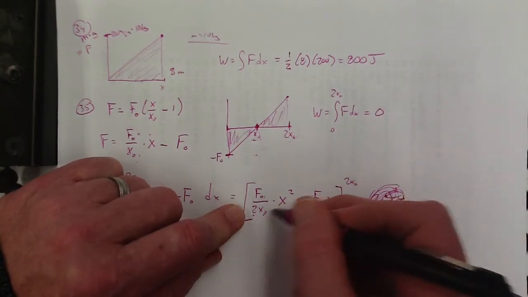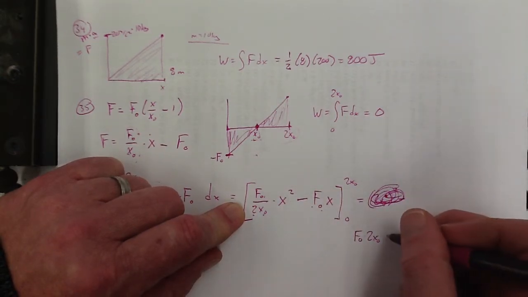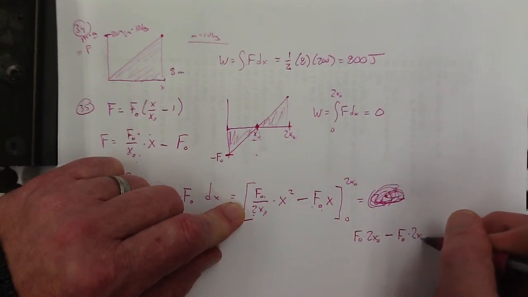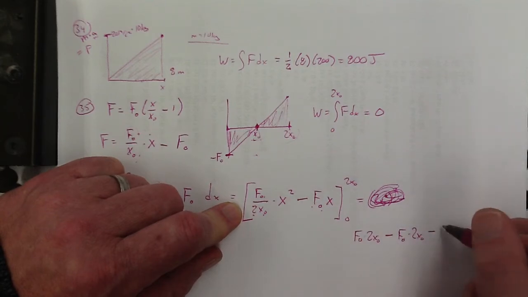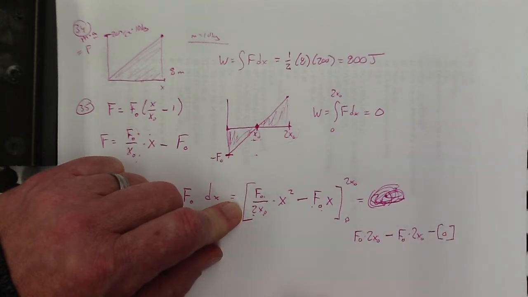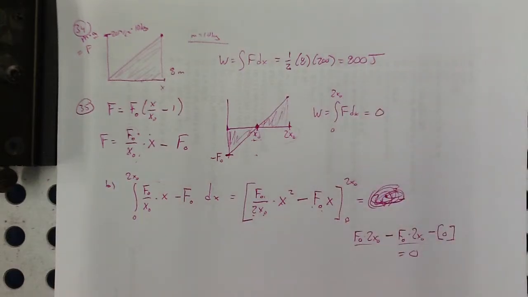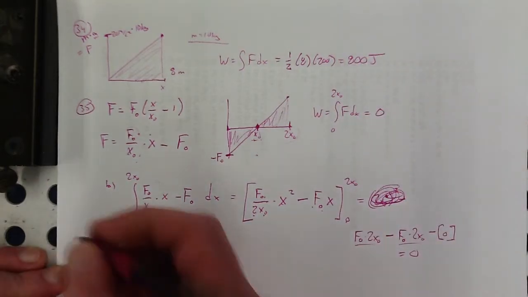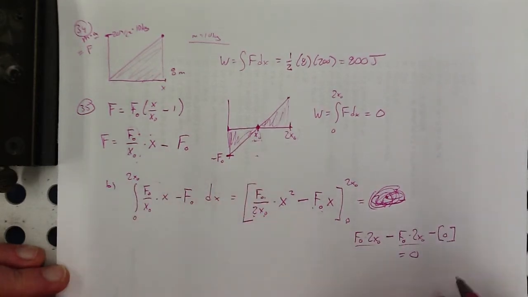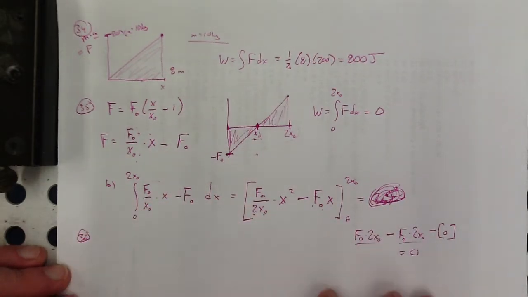The other one doesn't cancel out because I'm squaring that, so that's 2. That would be this, minus, when I plug this in here, F sub 0 times 2x sub 0, and then minus, what do I get when I plug the 0 into these? They both have x's in them, so a whole bunch of nothing, and that is in fact the same term, so I get 0. So anyway, whichever way you do it, you get 0. And no worries. If this B, if it's just a little bit out of your calculus reach right now, that's okay. And if that all made sense, well, that is certainly also okay.